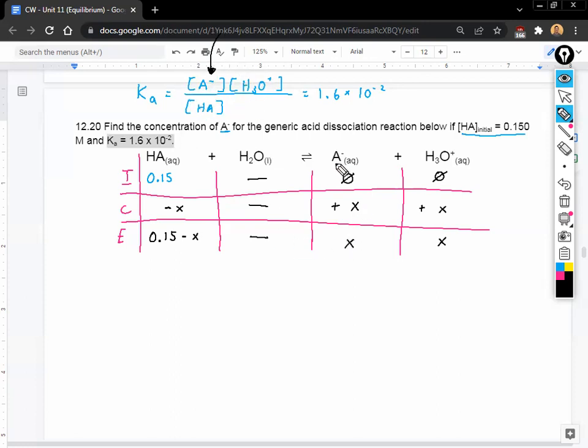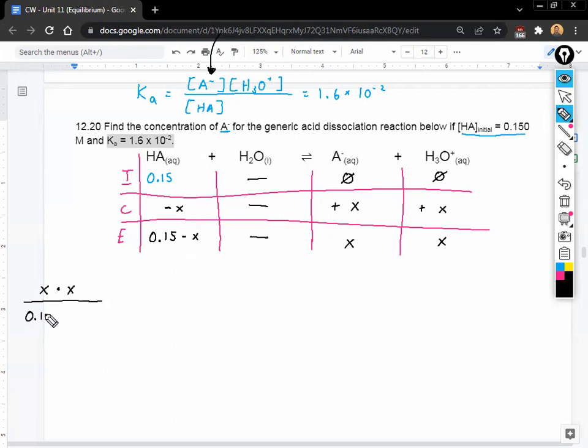Okay, so what I'm going to do is I'm just going to plug and chug, okay? The concentration of A minus at equilibrium is what? X. So we're going to plug in X on the top. The concentration of H3O plus is X. Okay, so X times X on the top, divided by, what's the concentration of HA at equilibrium?